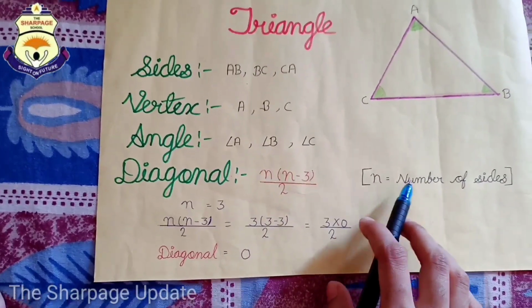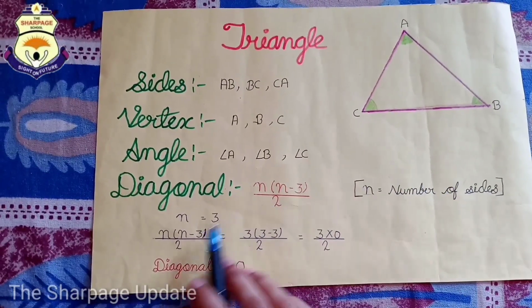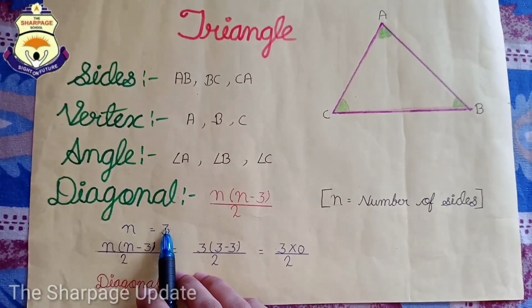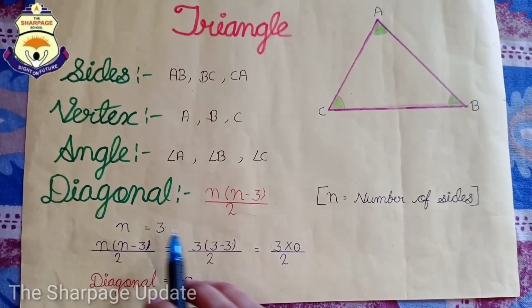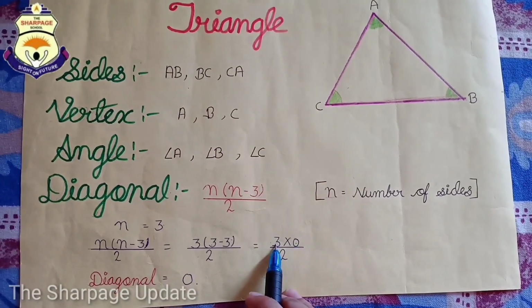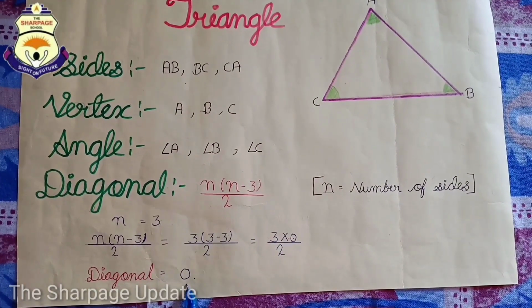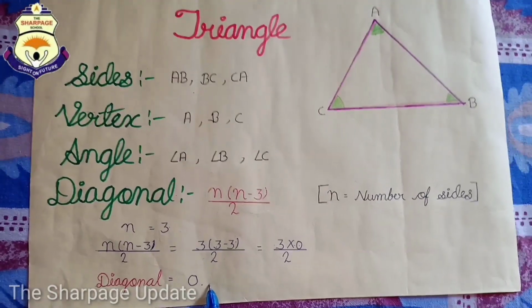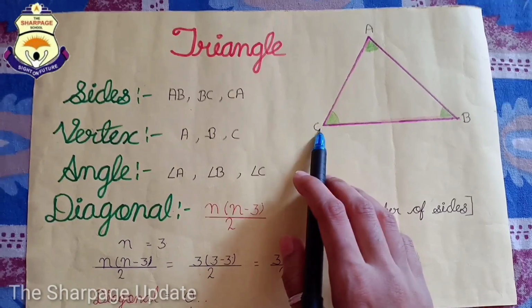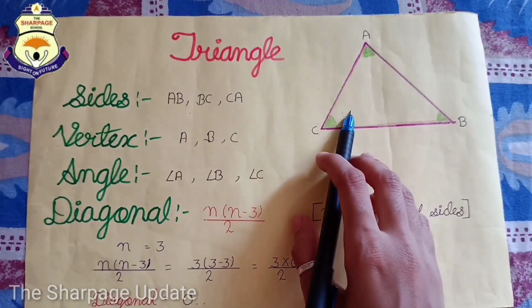Here n means the number of sides. A triangle has three sides, so in place of n we put 3. 3 minus 3 is equal to 0 and 3 multiplied by 0 is equal to 0. So there are 0 diagonals in a triangle because a line segment that goes from one corner to another is an edge.